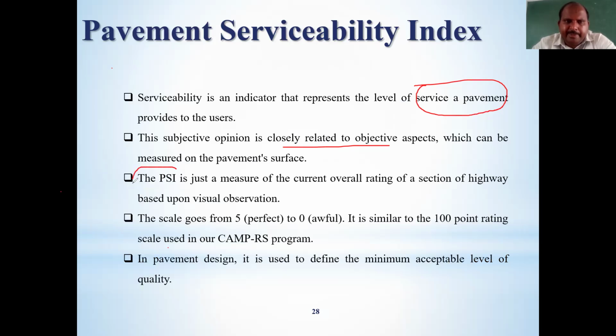And also the PSI is just a measure of the current overall rating of a section of a highway based upon a visual observation. The scale goes from 5, that is perfect, to 0, that is awful, and it is similar to the 100-point rating scale used in our camp. And also in pavement design, it is used to define the minimum acceptable level of quality.